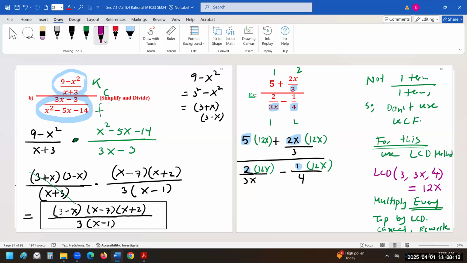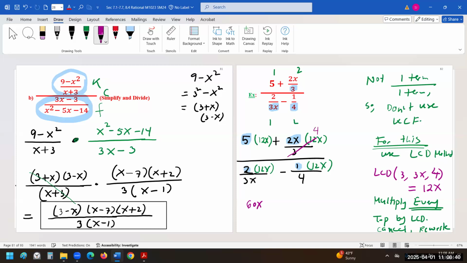5 doesn't have any denominator, so there's nothing to cancel. We keep our 5 times 12x. What is 5 times 12x? 60x. And then on the second one, we have 3 on the denominator and 12 on the numerator. We can cancel 3 and 12, right? 3 goes to 12 how many times? 4.